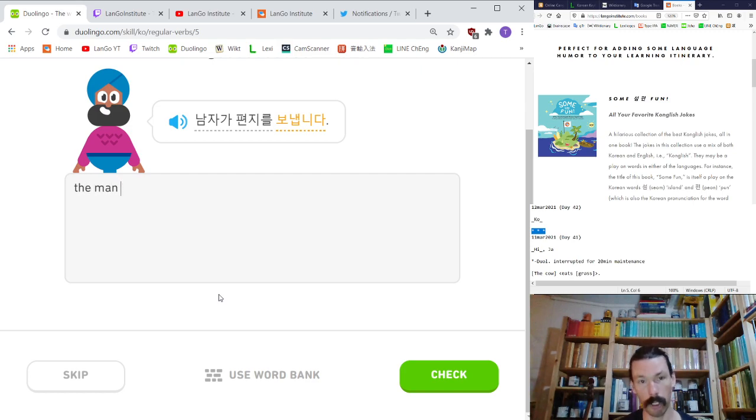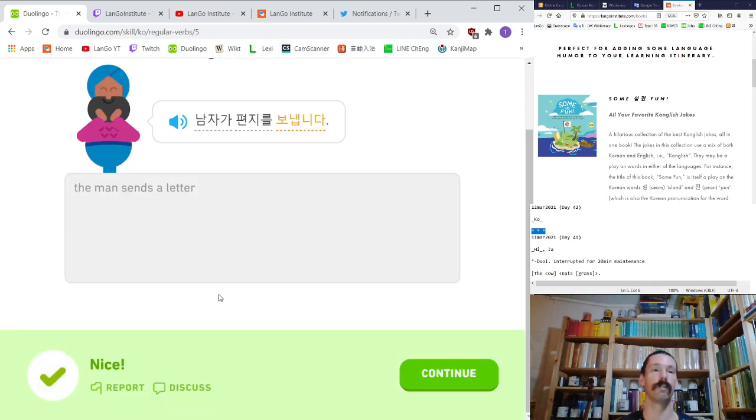We go with the verb at the end. 보내 would be the basic root there, and 니다 is a polite verb form that won't give offense. The man sends a letter. 편지를, with 를 marking the object, the thing sent.